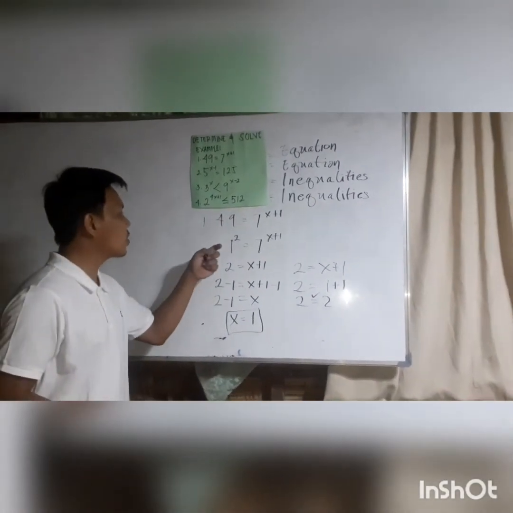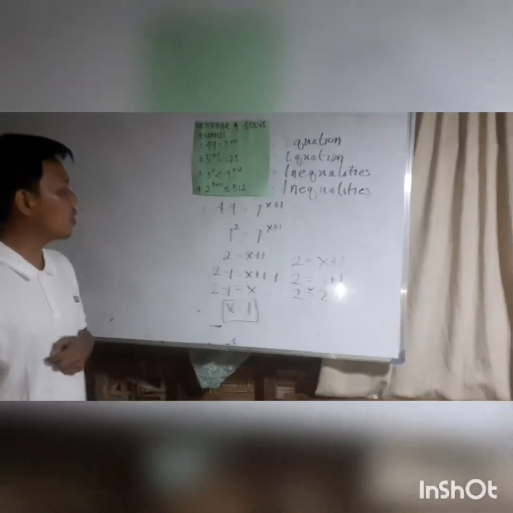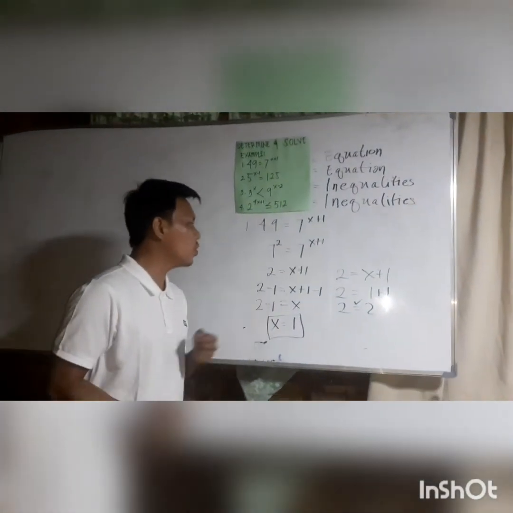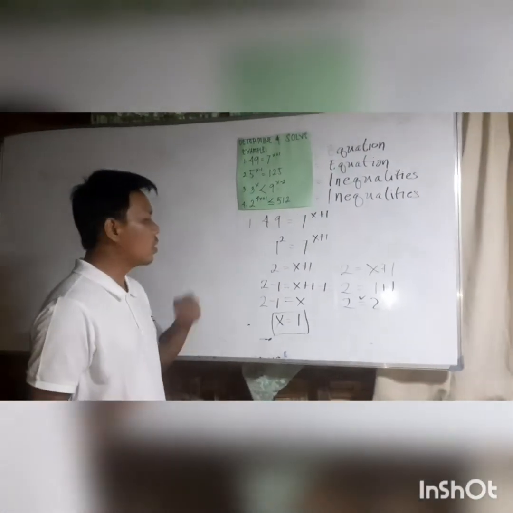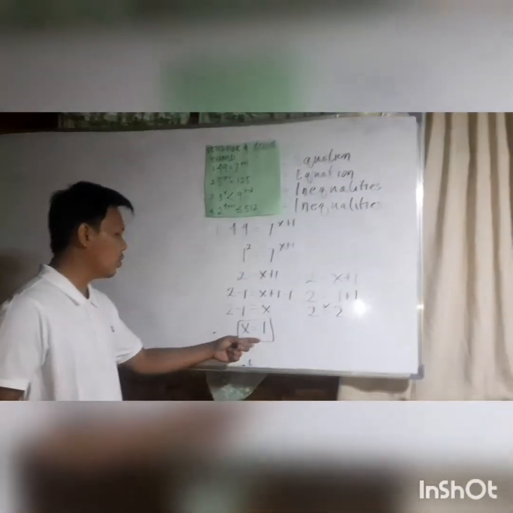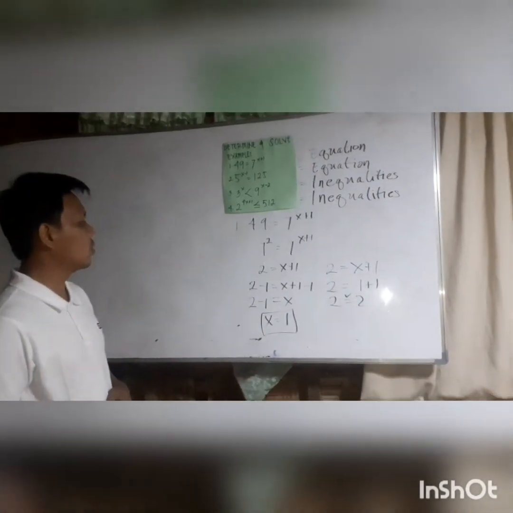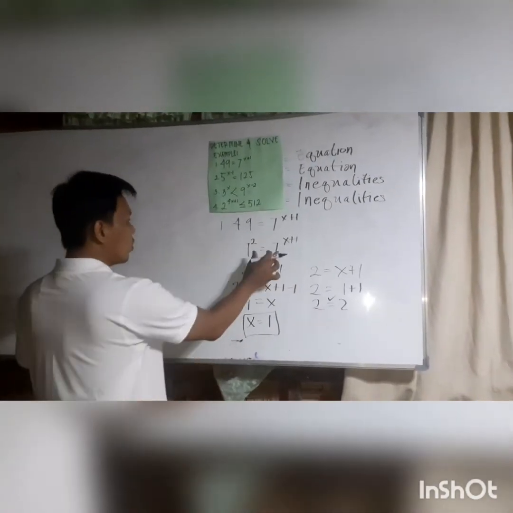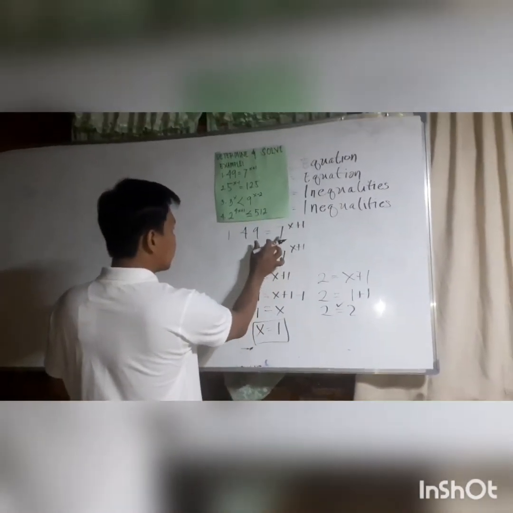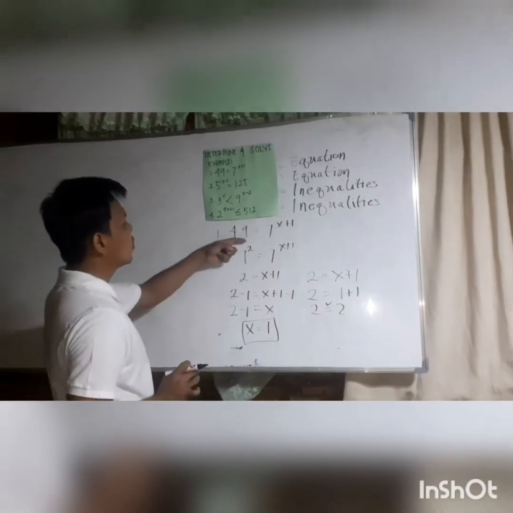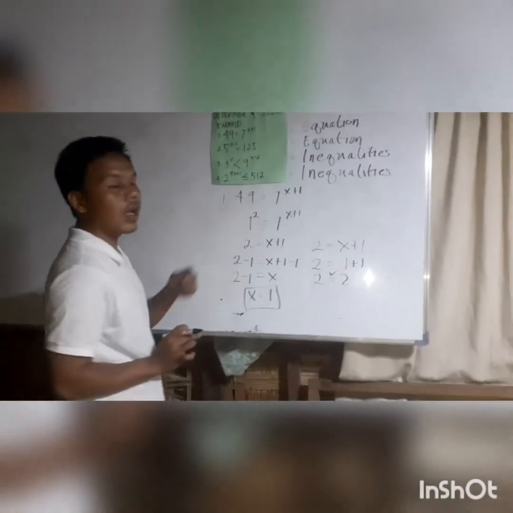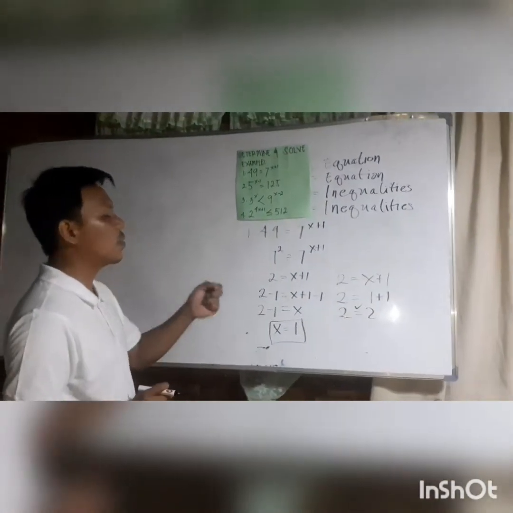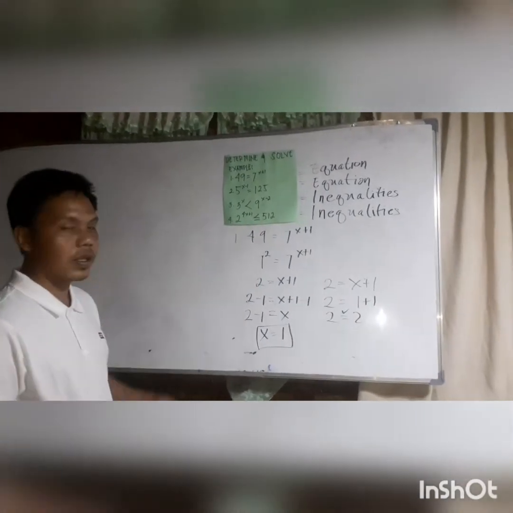So it means this 7 squared is equal to 7 to the x plus 1 when x is equal to 1. Okay? So it's also the same: 49 is also equal to 7 to the x plus 1 when x is equal to 1.